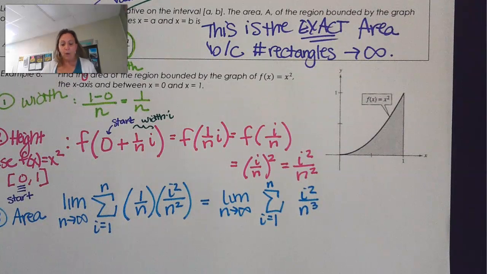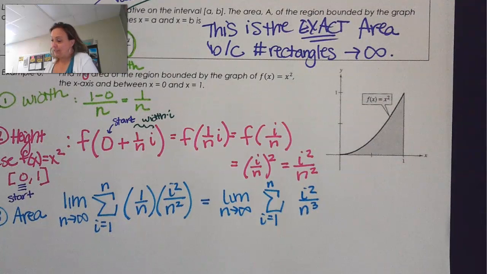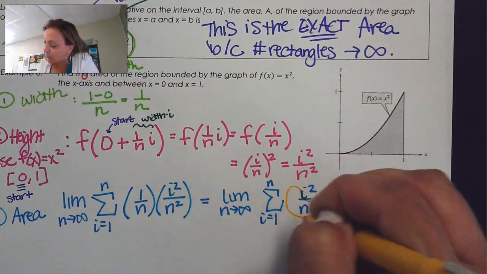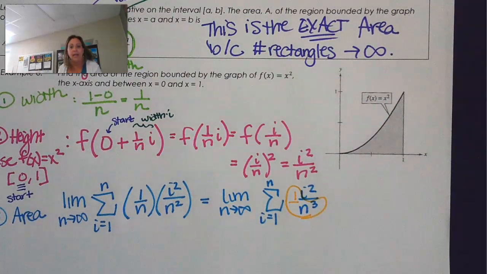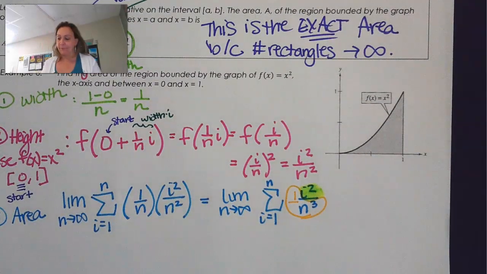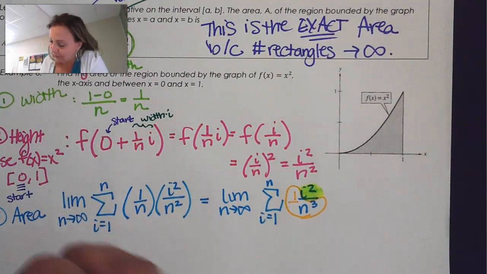One thing we want to do is pull out the constant. Let's think about what the constant values are. Remember that n is our constant. So we can pull out this 1 over n cubed, and then we're going to use this i squared and our little rules from here.